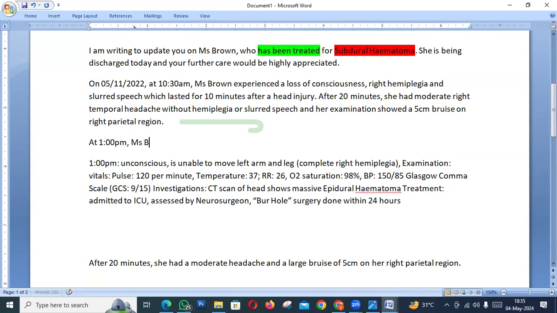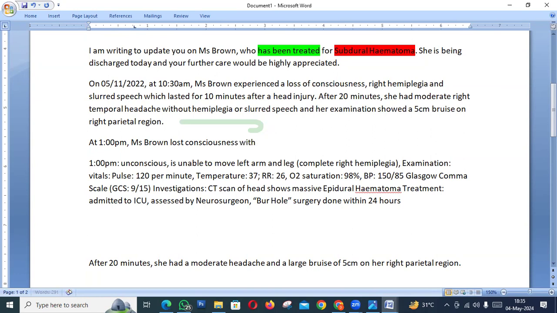She deteriorated, or she became deteriorated is also okay, but you can directly write Miss Brown became unconscious.